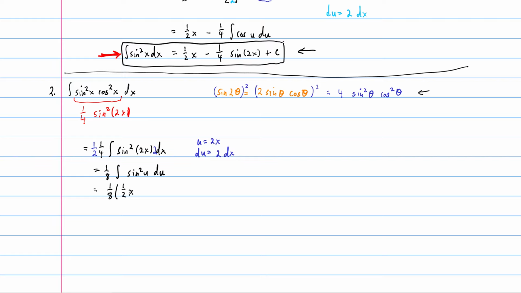So this is 1/2 x minus 1/4 sine of 2, whoops, these are u's. I'm just copying. I shouldn't have copied, right? This is a u, so this has to be a 1/2 u minus 1/4 sine of 2u, and then our plus c goes out here. But at this point, we need to get our 2x back in for our u, right?